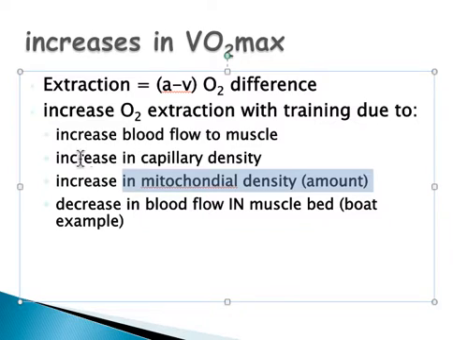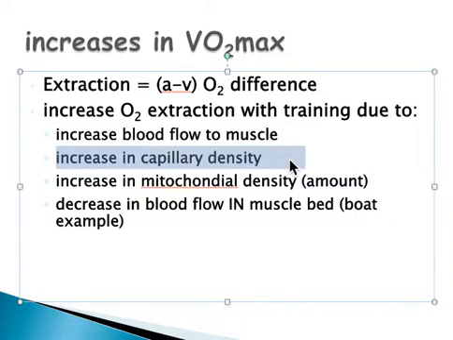With my third bullet point, the increase in capillary density, the blood flow actually slows down in the muscle bed itself. So as the blood flow in a capillary passes by a muscle cell, that flow will actually slow down.